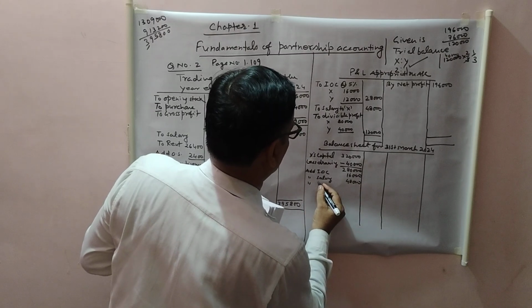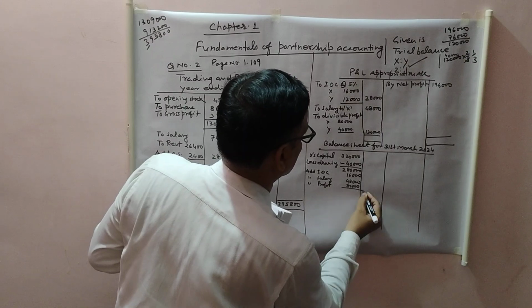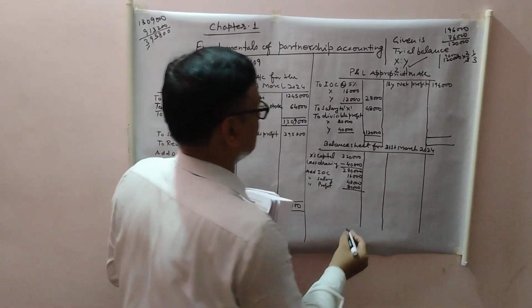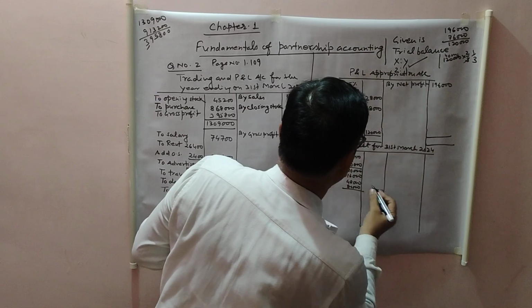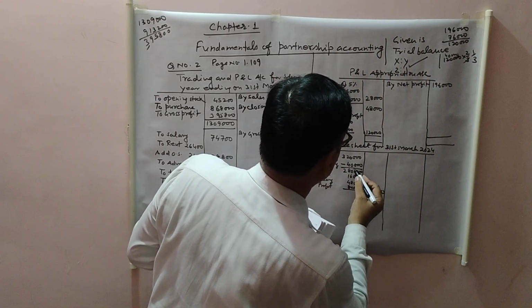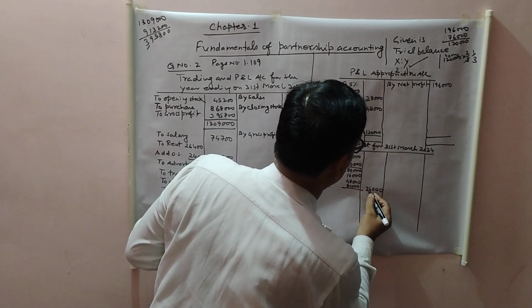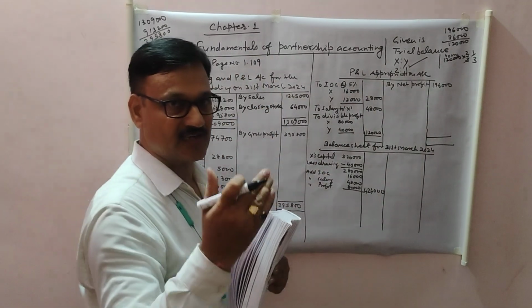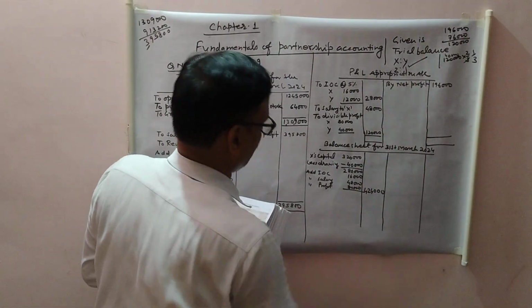Add profit 80,000. This will be the final capital of X. So let us add. 4,24,000 is the final adjusted capital of X that we have written in the amount column.